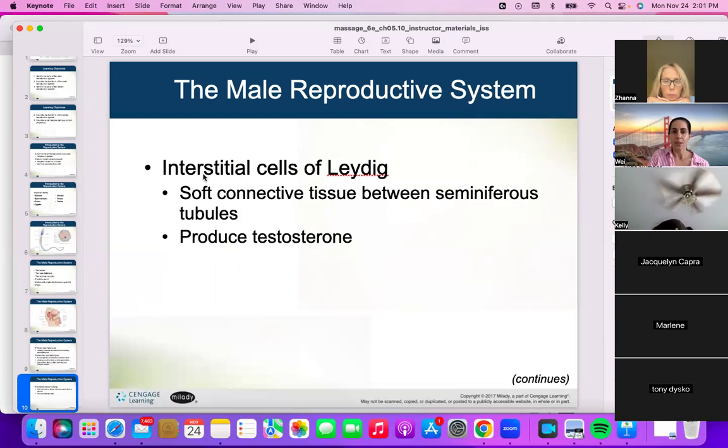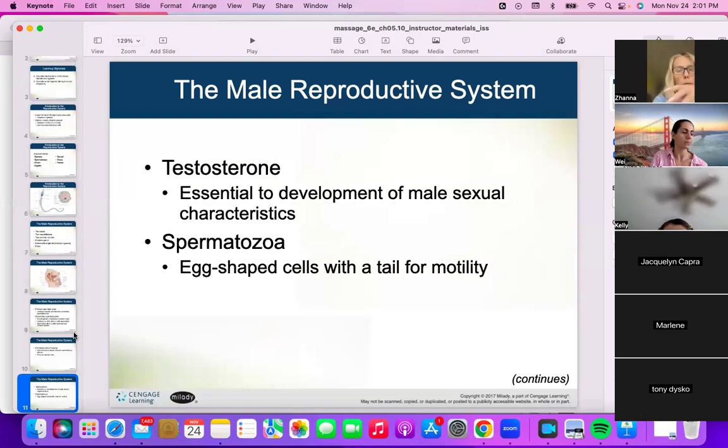Okay, interstitial cells of Leydig, which is a soft tissue. You can find it between the seminiferous tubes, and their job is to produce testosterone. That's all you need to know about that. Testosterone is essential for male sexual organs, of course. And spermatozoa is the egg-shaped cell with a tail for mobility.